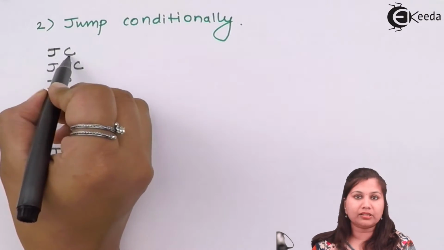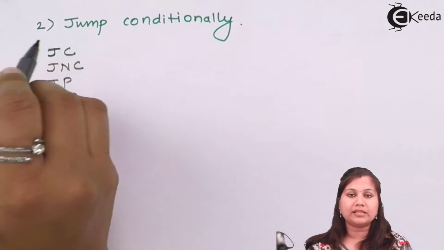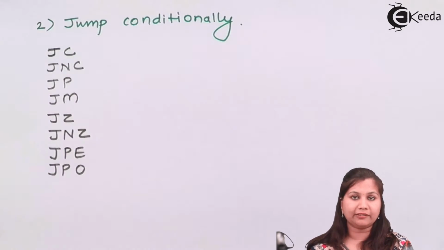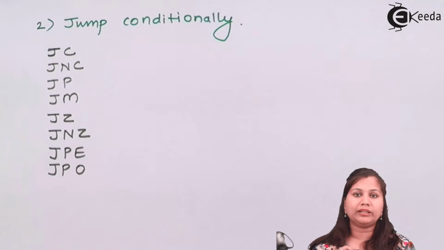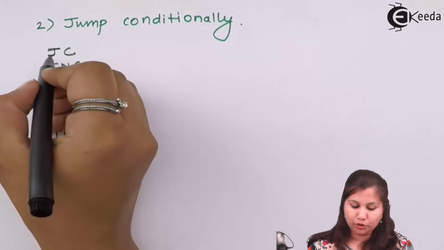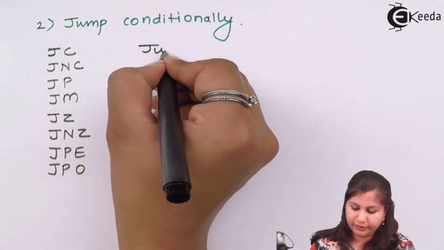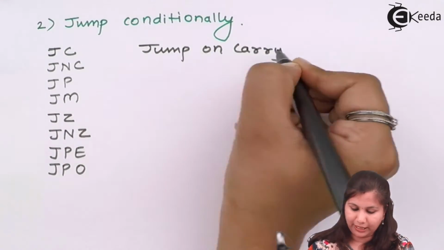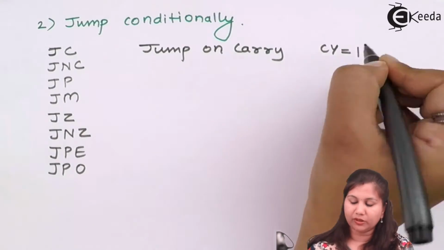Like JC means jump on carry, which means whenever the carry flag is set, it is going to jump. If the value of the carry flag is 1 and it is set, then only the microprocessor is going to jump to the other memory location. So JC means jump on carry, and for that, the carry flag has to be 1.